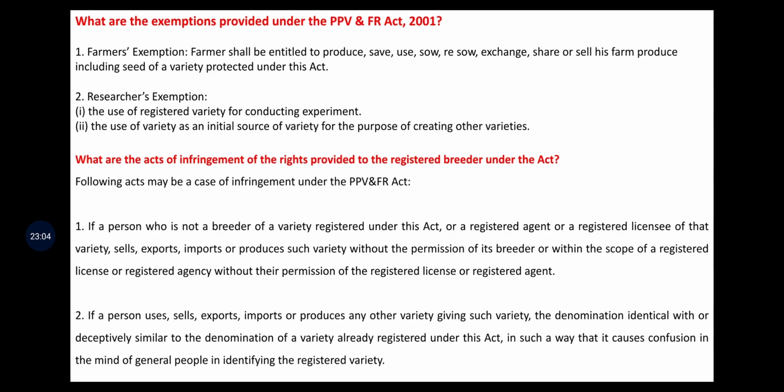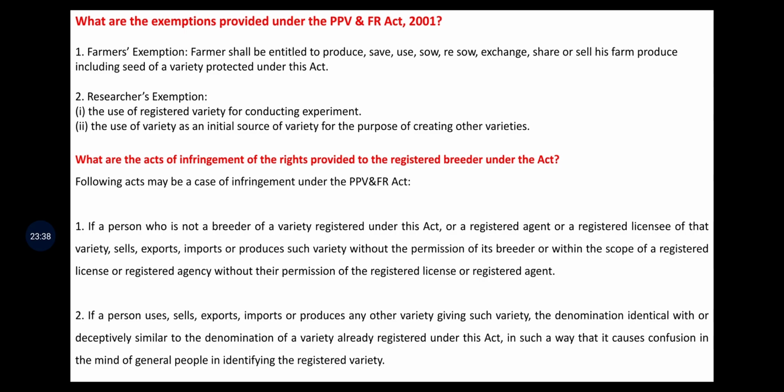The acts of infringement of rights provided to the registered breeder under the Act are: if a person who is not a breeder of a variety registered under this Act, or a registered agent or a registered licensee of that variety, sells, exports, imports or produces such variety without the permission of its breeder or within the scope of a registered license or registered agency without the permission of the registered licensee or registered agent.